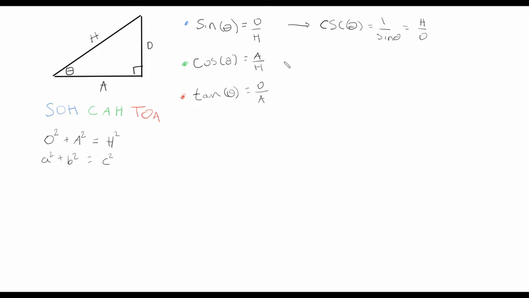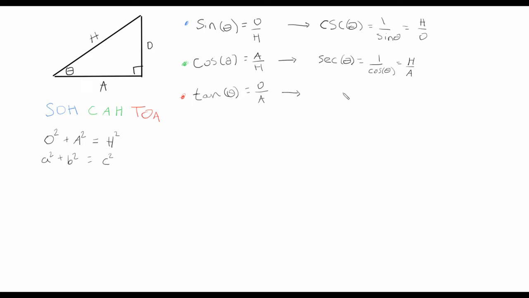Cosine, same idea. We flip it, and that gives us secant. So secant is 1 over cosine of theta. Adjacent over hypotenuse becomes hypotenuse over adjacent.